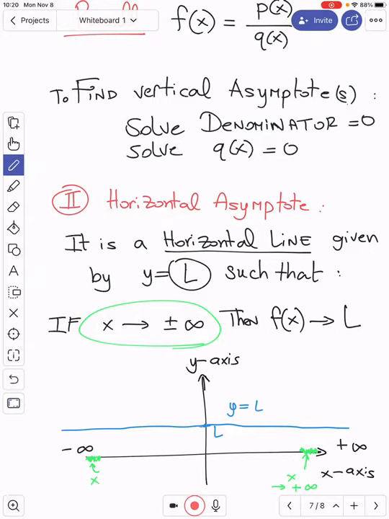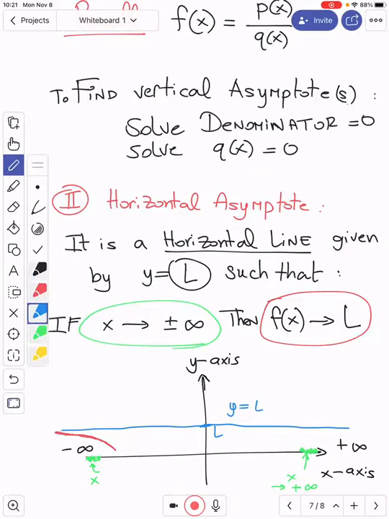So what I'm saying here is that if x is in the neighborhood of positive or negative infinity, then the function f, or the output, is going to be close to L. It's going to approach L. So the graph of f is going to approach this line L. It's going to get as close as I want to this line L. So here's my graph.